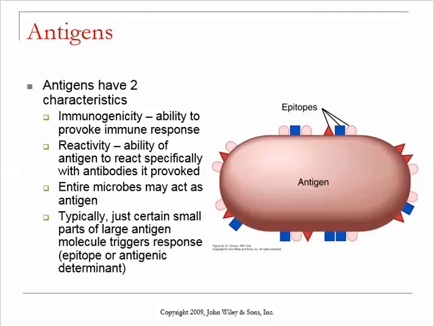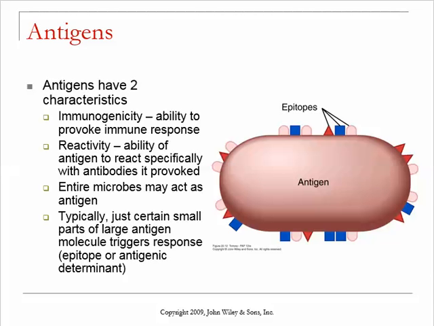Now, all of this is provoked by something called antigens. And antigens really have two characteristics. One is they evoke an immune response. We call that immunogenicity, it generates the immune response. There are lots of things that will generate the immune response, but that's only half the story.